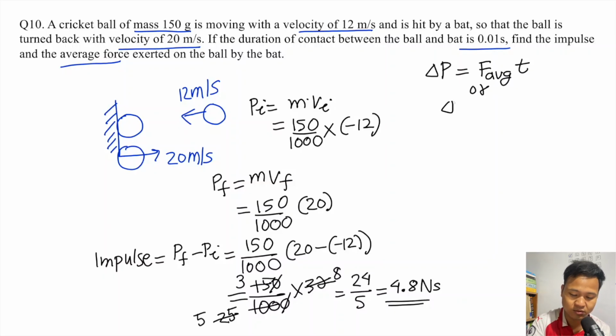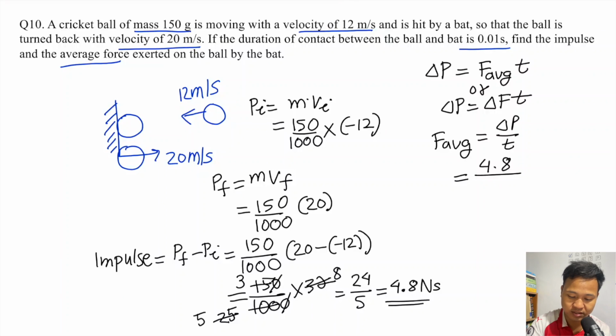Therefore the average force is delta p divided by time, change in momentum divided by time. That is 4.8 divided by time 0.01. If you solve this, you'll get 480 Newton. Okay, that is the average force.